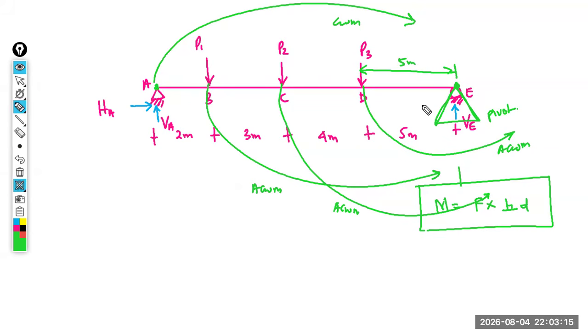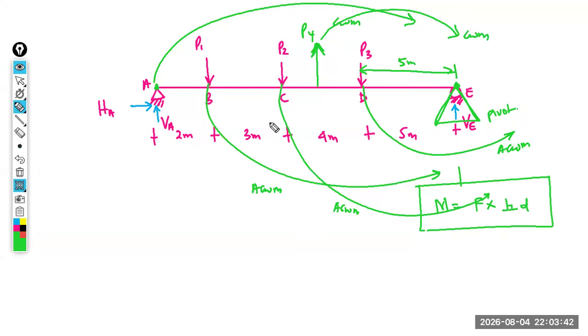So it's just a simple analogy, like you are drawing a circle, but make sure you follow the direction of the arrow, right? So supposing there is a force here like this, let me call this P4, and my pivot is at point E. If I'm to follow the direction of this arrow, then this force is clockwise moment.